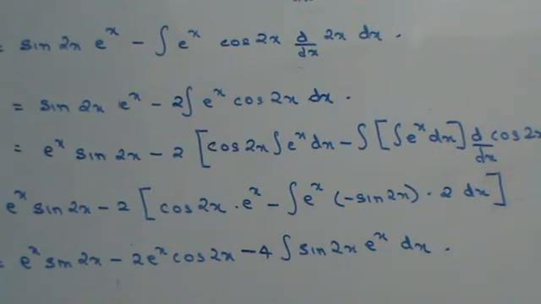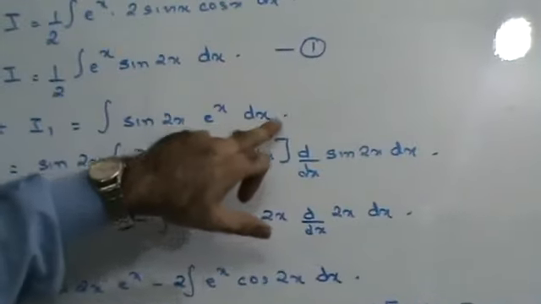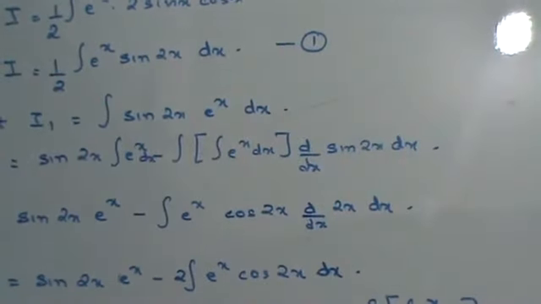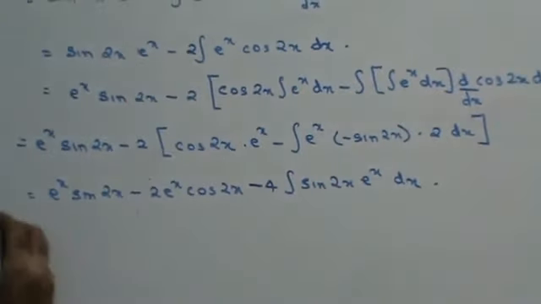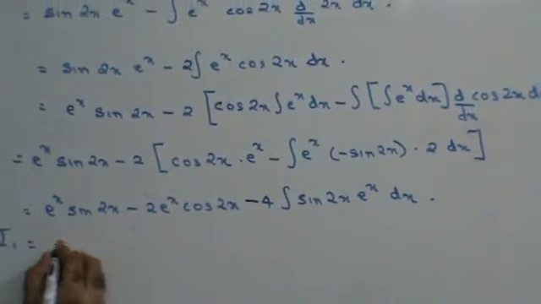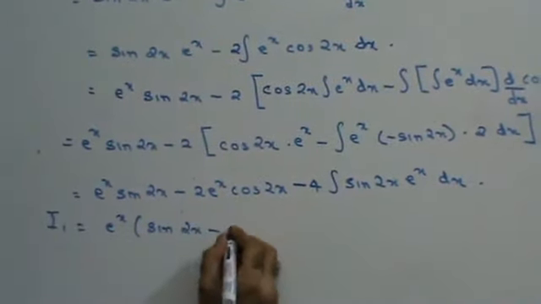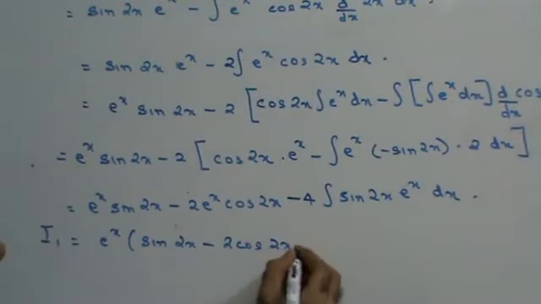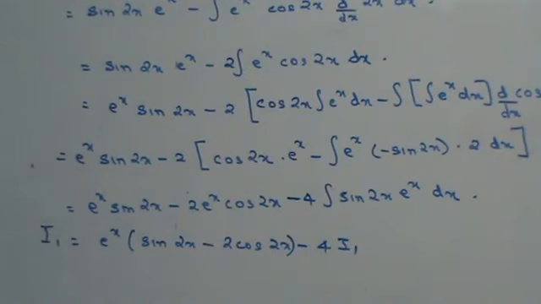But if you look at this equation, sin 2x e raised to x dx is nothing but I1, right? So you can therefore say that I1 is e raised to x common, sin 2x minus 2 cos 2x, minus 4 I1, plus c, we'll call this C1.